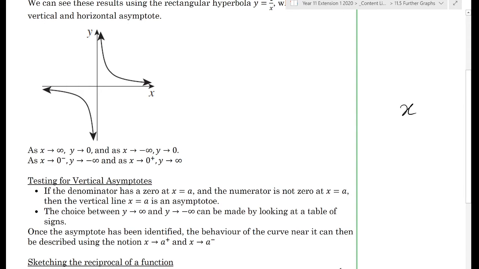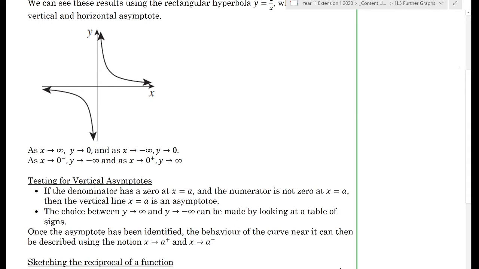An example of that is x over x. On the bottom, x cannot be equal to 0, but if I put x equals 0 onto the top, then I get 0 anyway. So there would be no asymptote for that bit there.